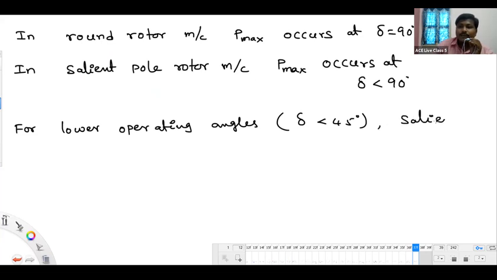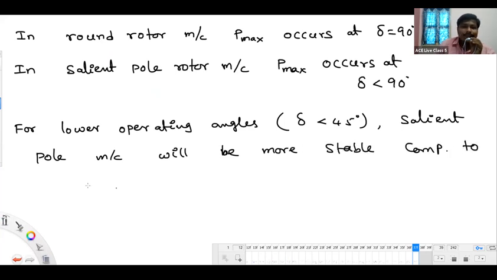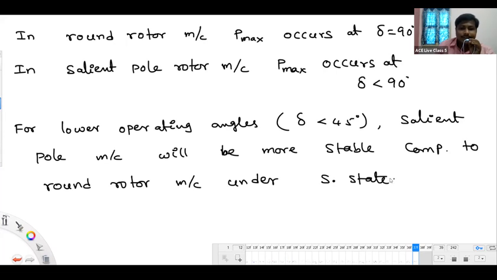Salient pole machine will be more stable compared to cylindrical rotor machine, round rotor machine under steady state. Understood. I think all of you are getting this point.